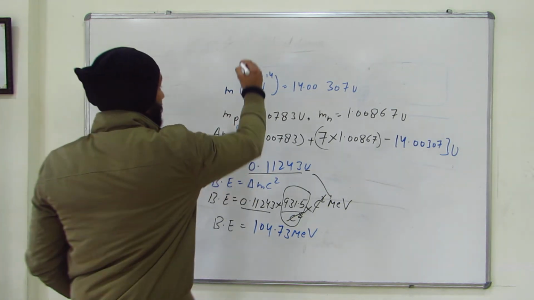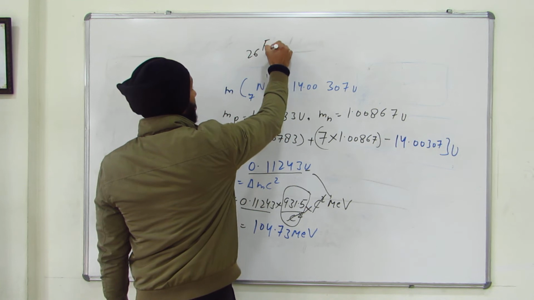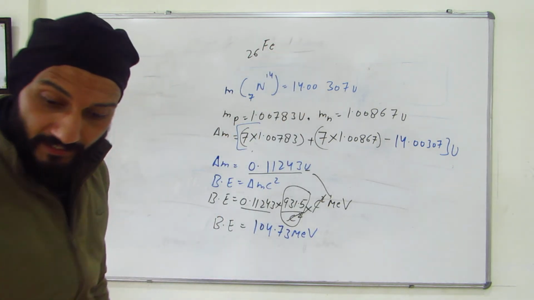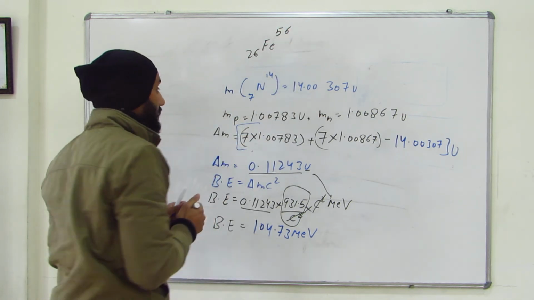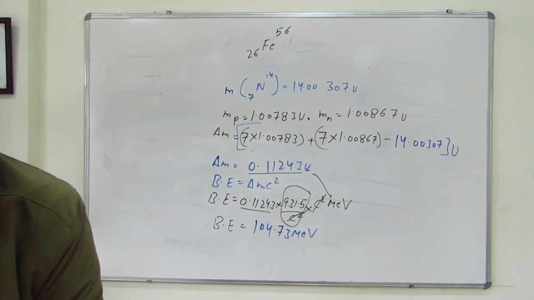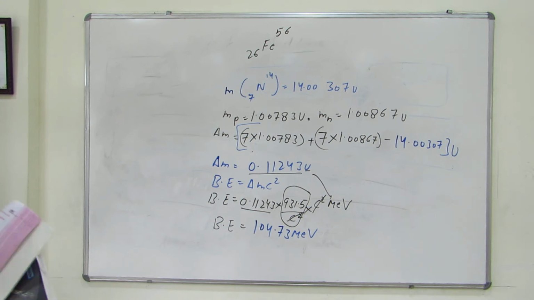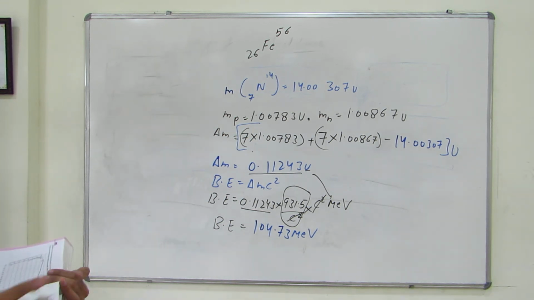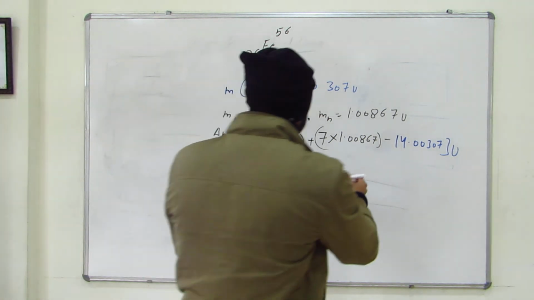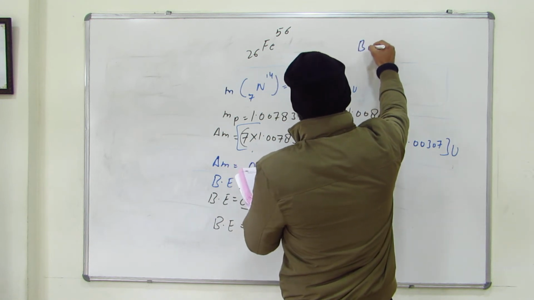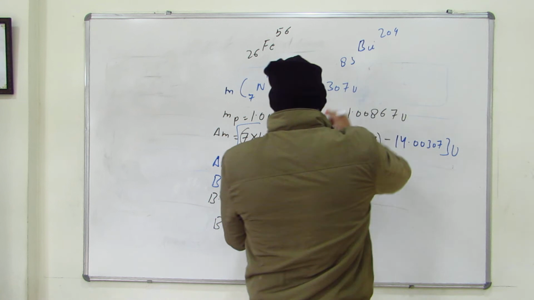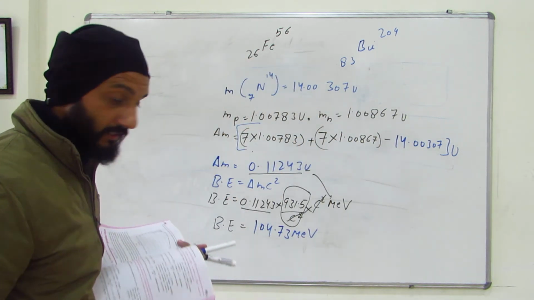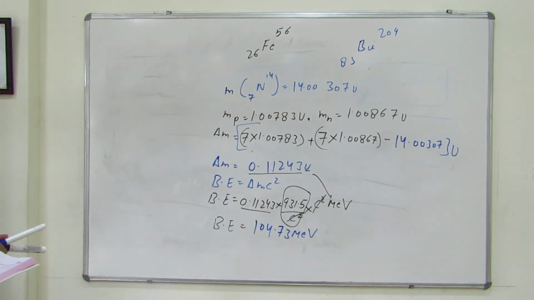You will learn about this in the next class. 26 Fe56 is one whose binding energy you have to calculate. I am not going to discuss these things. I am just going to put the data there, and you people have to do it. I will give you the answer also. And this is something, 83Bi209.